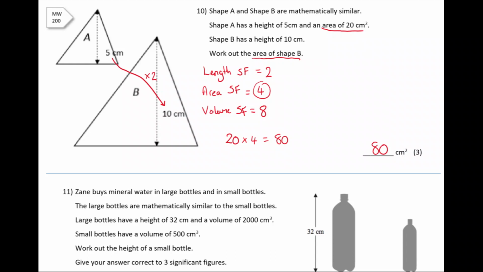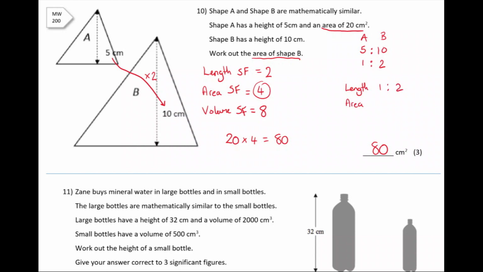So we know the ratio between lengths here is 5 to 10. And that's between shape A and B, and that simplifies down to 1 to 2. Okay, so for lengths the ratios are 1 to 2.